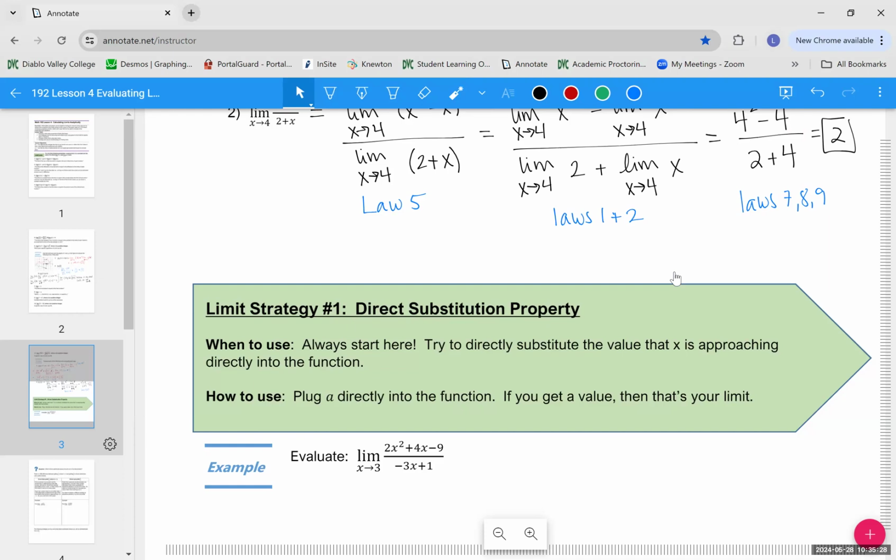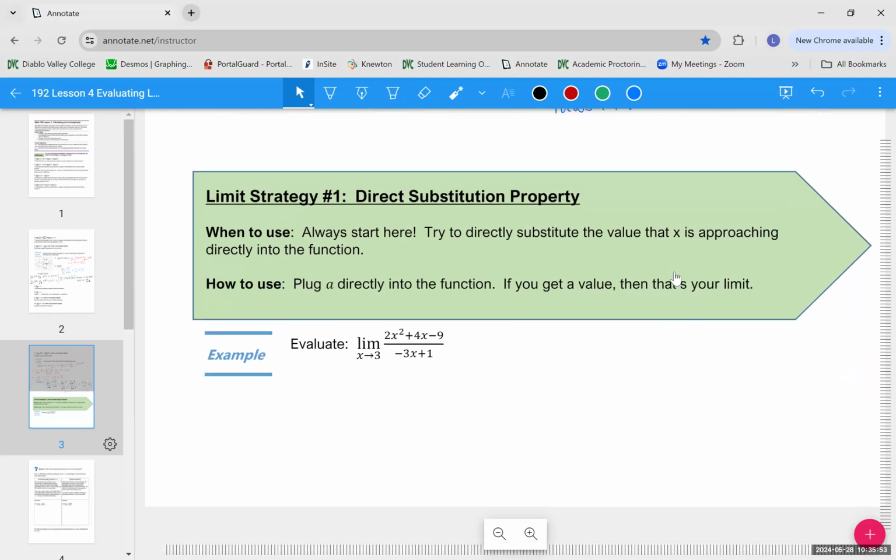How do I use these limit laws? The first thing you should always try is direct substitution. Basically, plug in the value that x is approaching directly into the function. And if you actually get a number, which usually you will, then that's your limit. So it's a really effective strategy, and it's where we will always start.